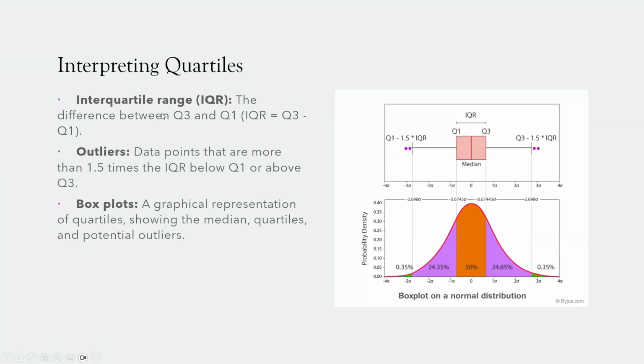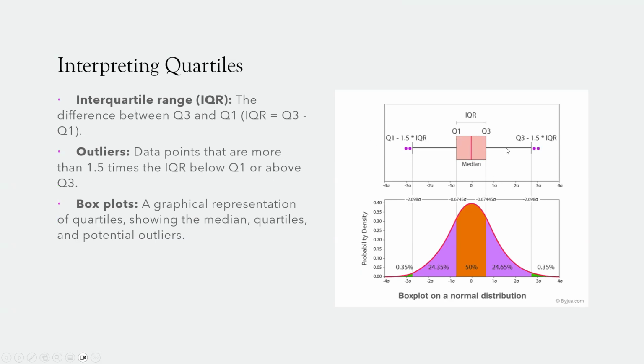Well, the interquartile range is the difference between the third quartile and the first quartile. This is the interquartile range. Outliers are the data points that are more than 1.5 times the IQR below Q1, or 1.5 times the IQR above Q3, the third quartile.